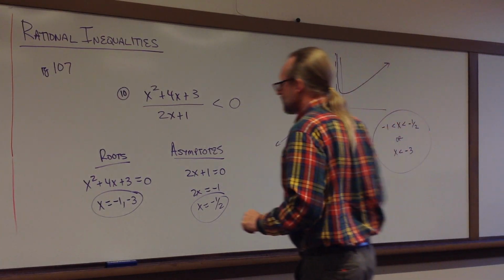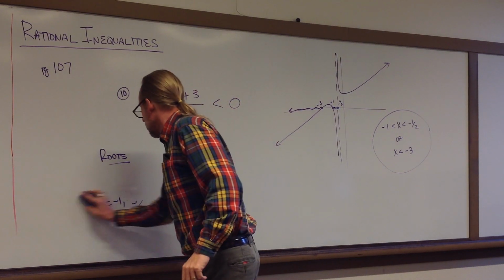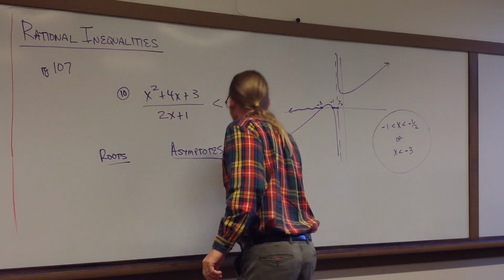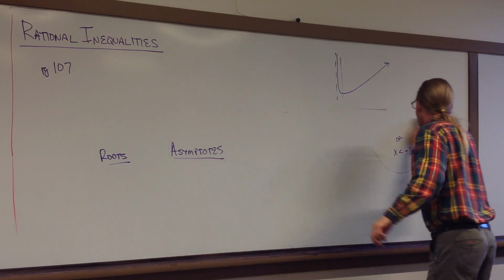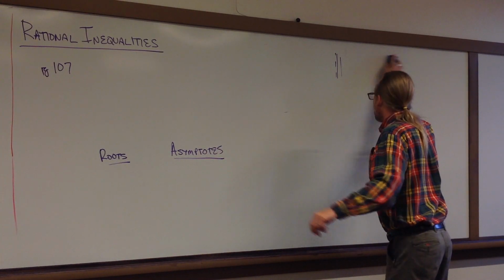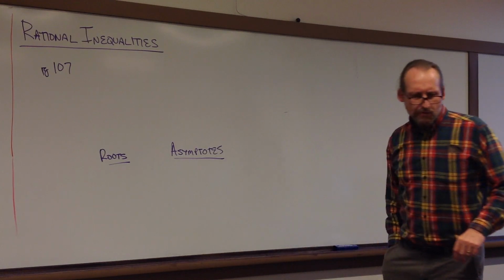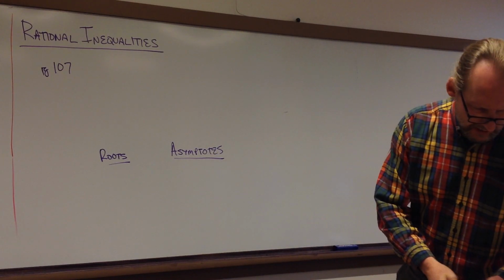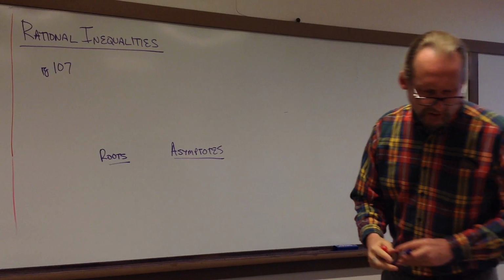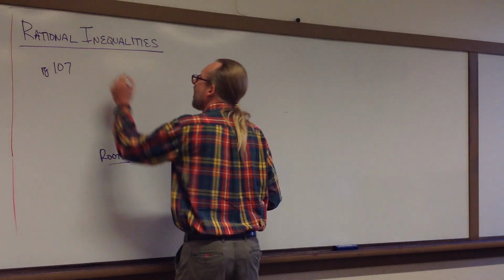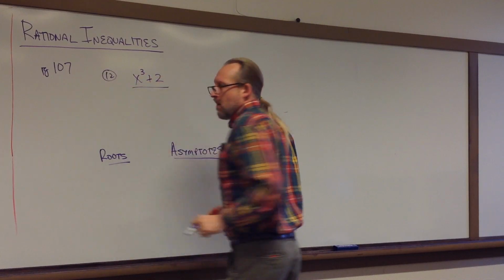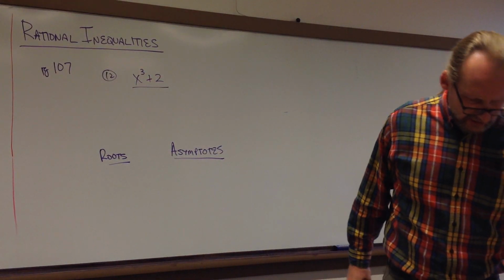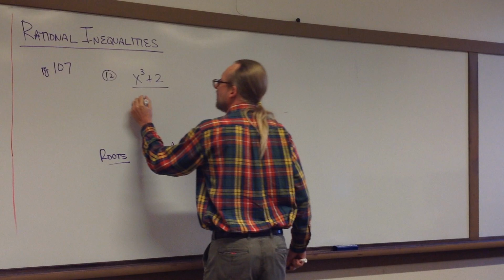Okay, let's look at problem 12. That one, we've got x cubed plus 2 on the top, and then x squared minus 2 on the bottom.